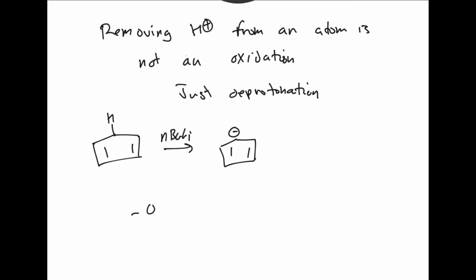So oxidation and reduction remove or add hydrides, so they remove or add H minus from the atom, effectively. It's adding H minuses or taking H minuses away. Taking off an H plus doesn't change the oxidation state of your carbon.